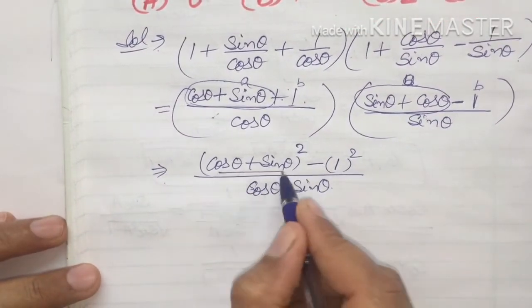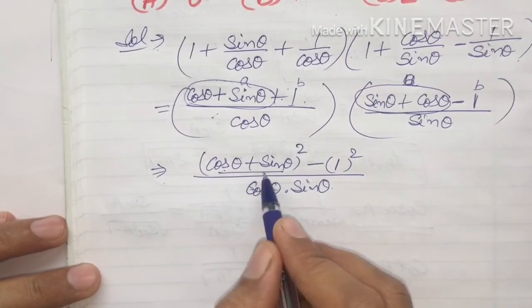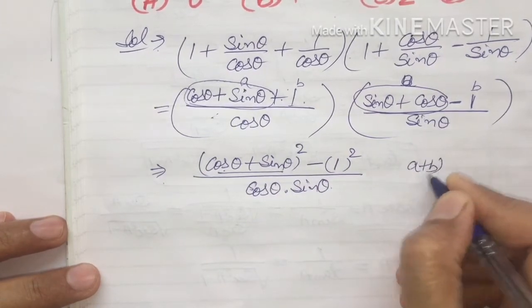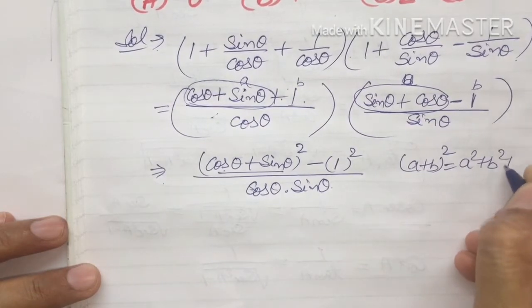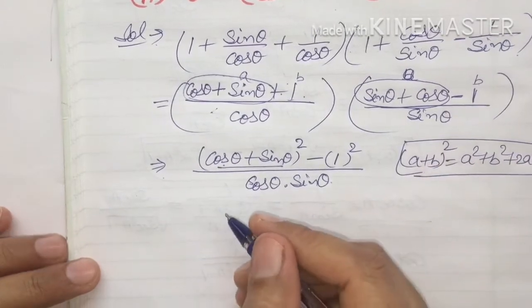So again one more identity is there. If we look carefully, cos theta plus sine theta, square of that. So this is the identity A plus B whole square, A square plus B square plus 2AB. So this identity we will use in the numerator.